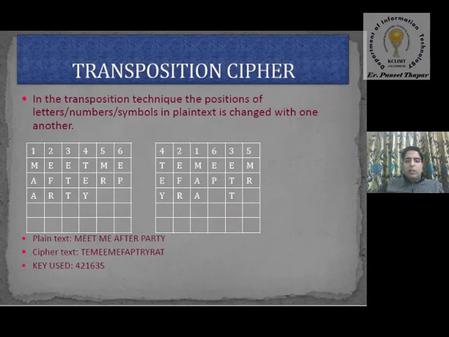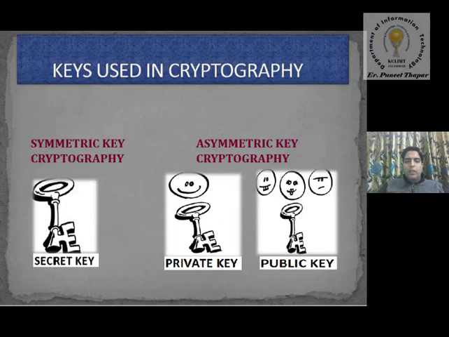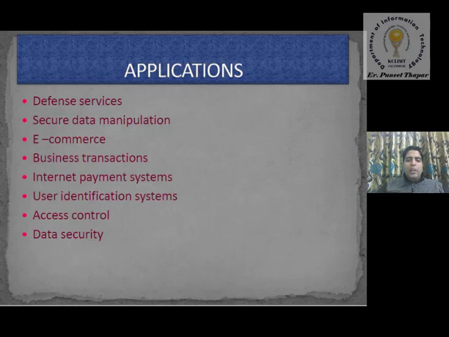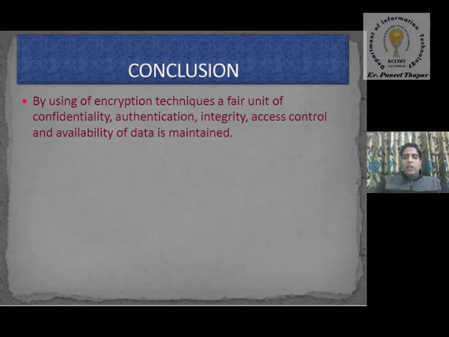Two methods of ciphers were discussed: symmetric key cryptography and asymmetric key cryptography, and the various keys used in them: public, private, and secret keys. Then the comparison between symmetric and asymmetric key cryptography, and lastly the application areas. We conclude that confidentiality, authentication, integrity, access control, and availability are essential, and these techniques are needed for us.